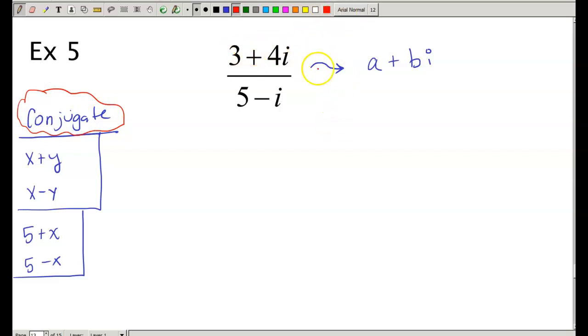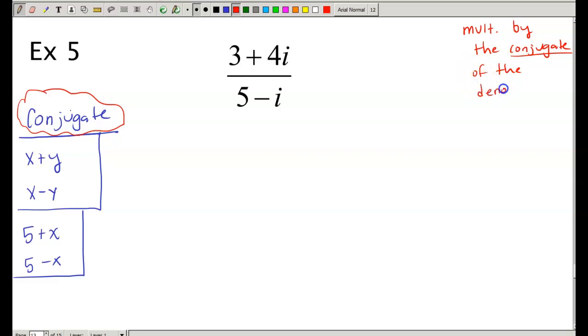So in this problem, I have 3 plus 4i, and it's divided by 5 minus i. The only way to algebraically divide these numbers is to multiply by the conjugate of the denominator.